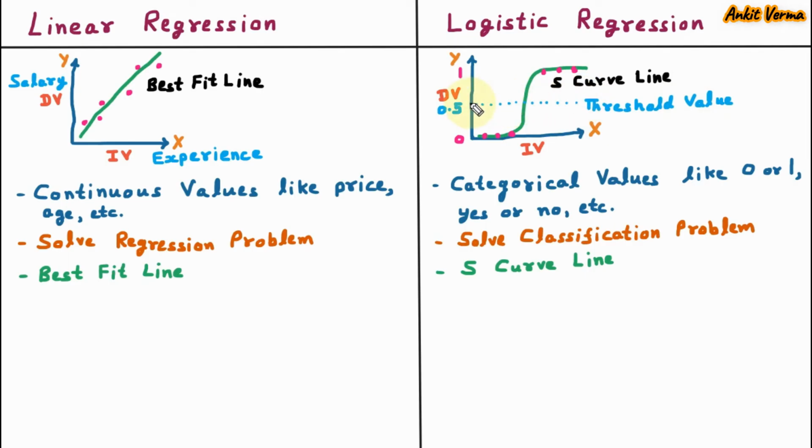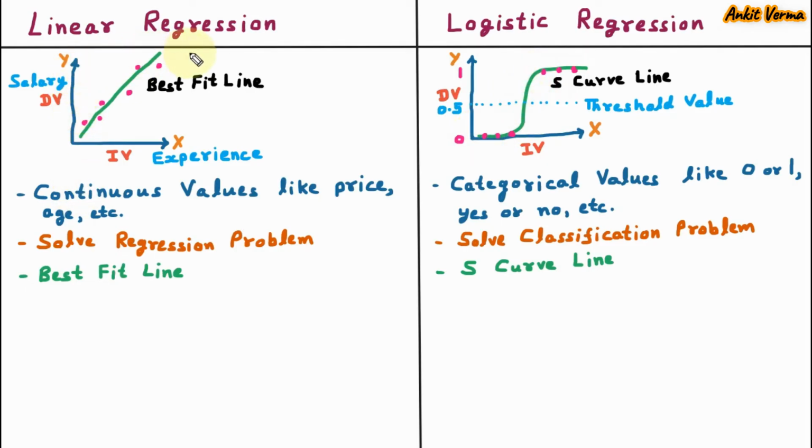In a similar way, between 0 and 1, 0.5 is the threshold value. So values above 0.5 will fall under the 1 category and values below 0.5 will fall under the 0 category, because here we have two solutions, 0 and 1, meaning pass and fail. So marks more than 50 are pass, marks less than 50 are fail.